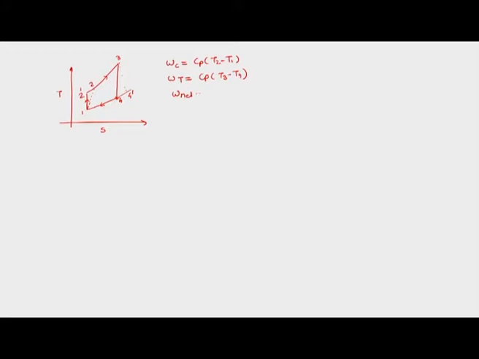So W net is WT minus WC. We are interested in W net, which is a non-zero number. This whole cycle is called a shaft power cycle.